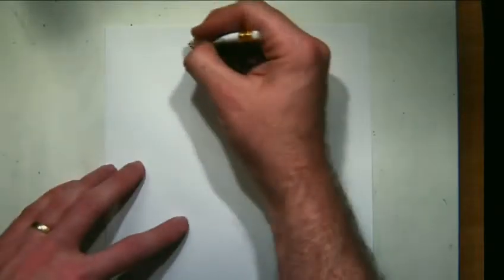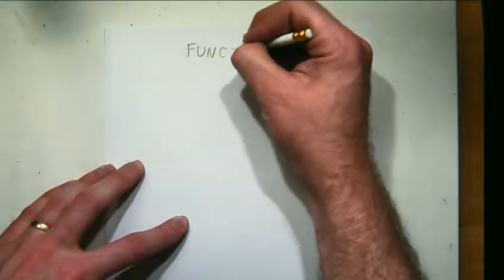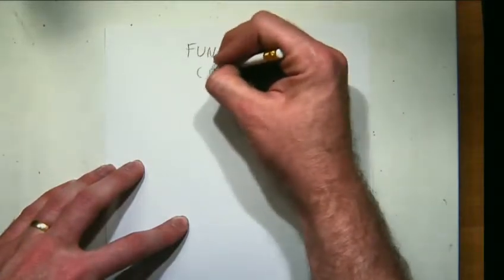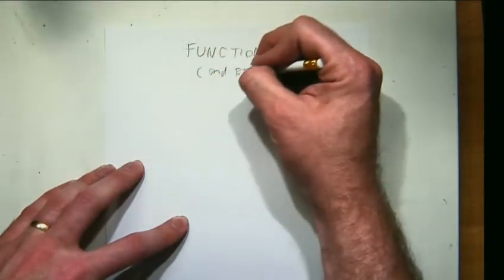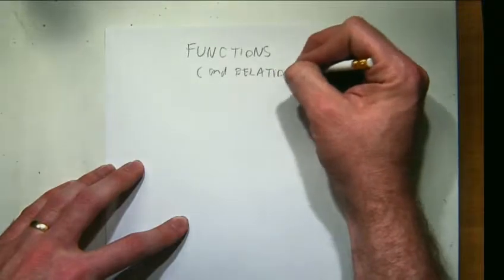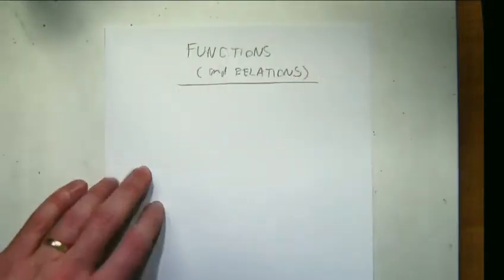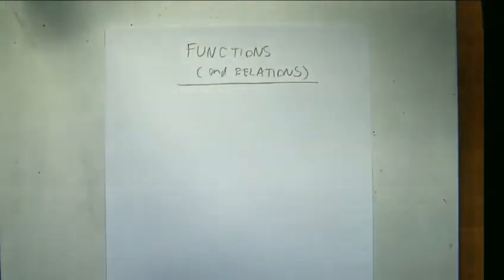Probability or discrete. Functions and relations and sort of one-to-one and onto and that sort of thing.